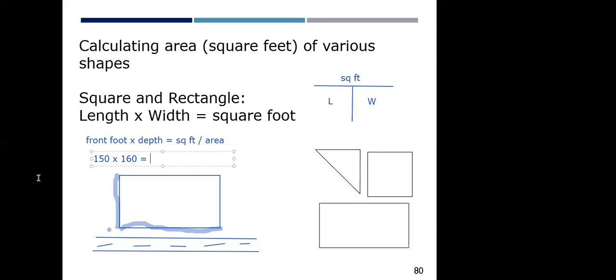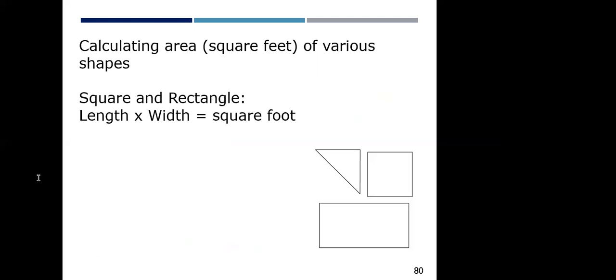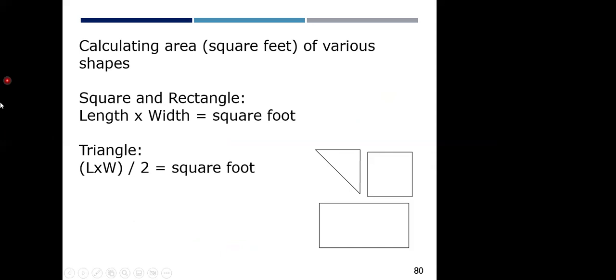The other shape then that we need to know how to measure, I should say, is a triangle. Triangle is length times width divided by 2. Why do we divide by 2? Can we all agree, for semantic purposes, that a triangle is half a square?